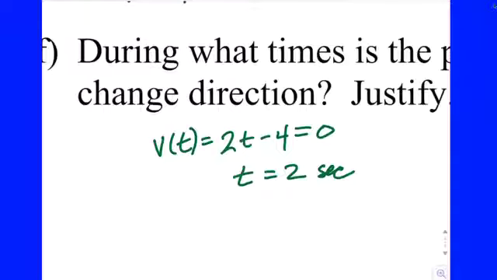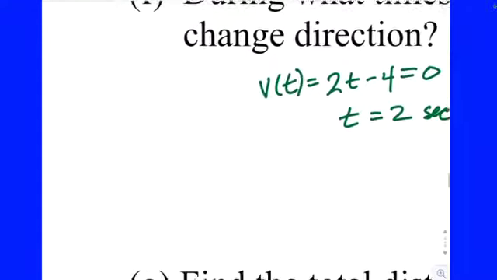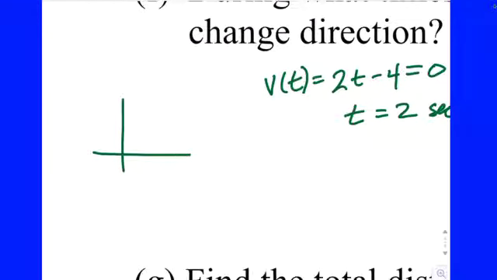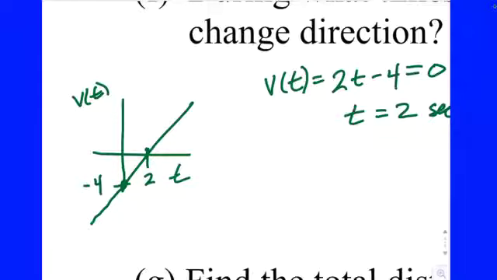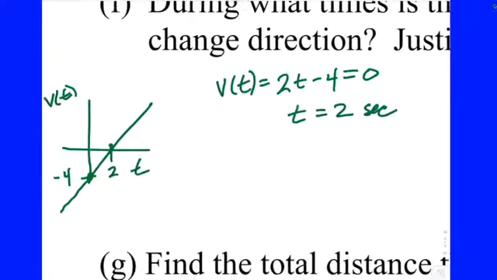So the y-intercept is a negative number, and then it goes up at a positive slope, which means at 2 it must change from what to what? What sign to what sign? Negative to positive, right. So if you wanted to sketch that over here, v of t, there's t, so here's -4, and it looks something like that. And we just found this value here to be 2. So we could say something like this.